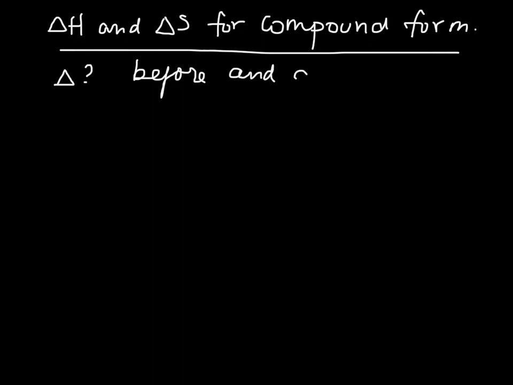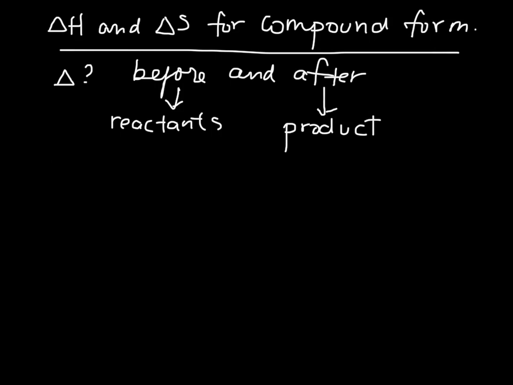The before state in compound formation is just the reactants in whatever state we say that they're in, or at whatever temperature they might be at, and the after would be the product. So to make these calculations, we need to go from the temperature that we're interested in down to 298, so delta H F, so this is as a function of temperature.